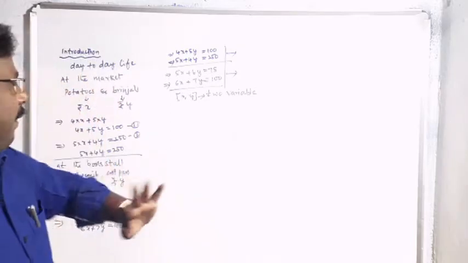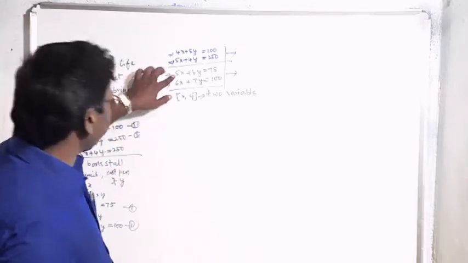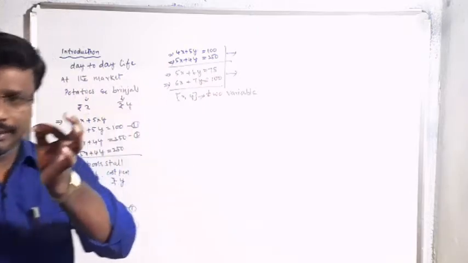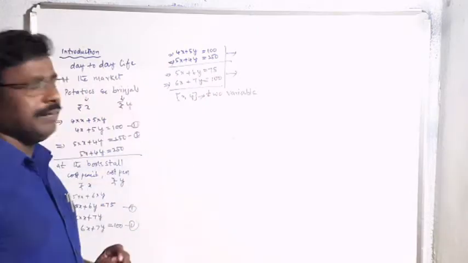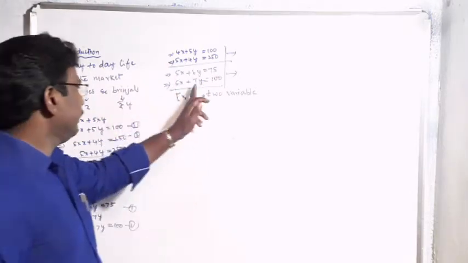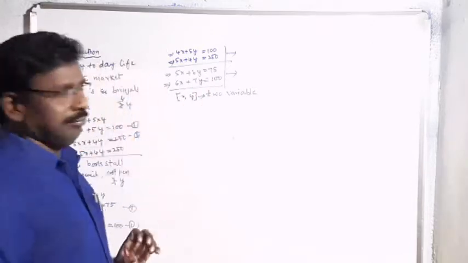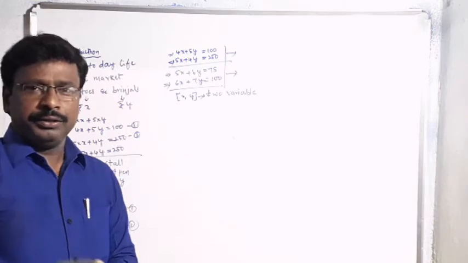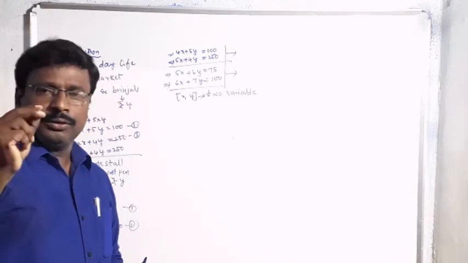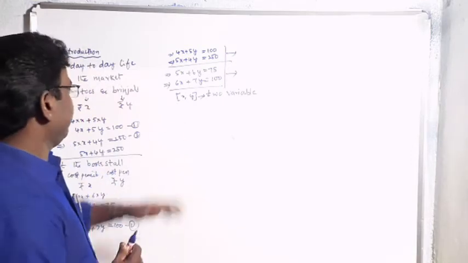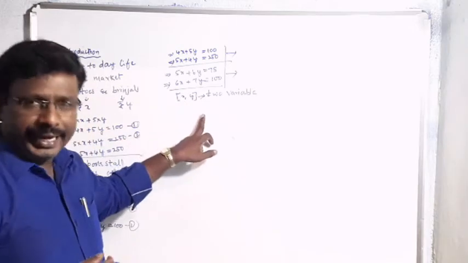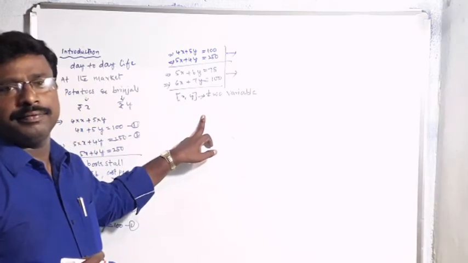At the bookstall, first condition we got 5x plus 6y is equal to 75. Second equation we got 6x plus 7y is equal to 100. In the four equations you are seeing two common variables. What are the variables? X and Y only.